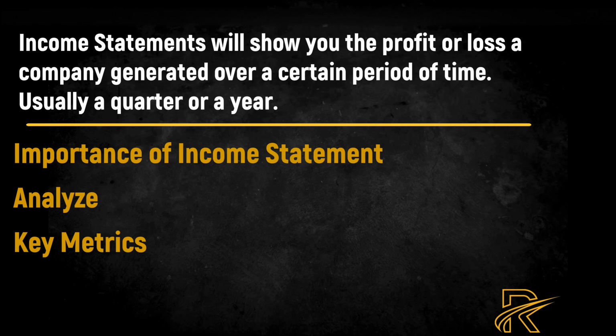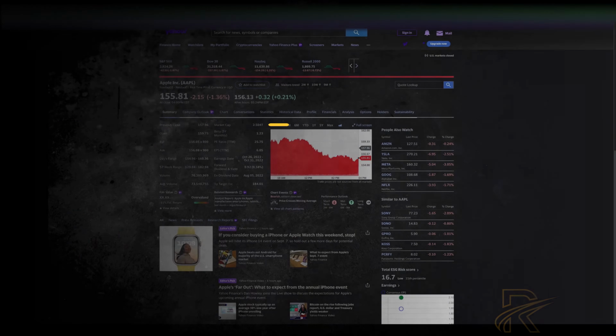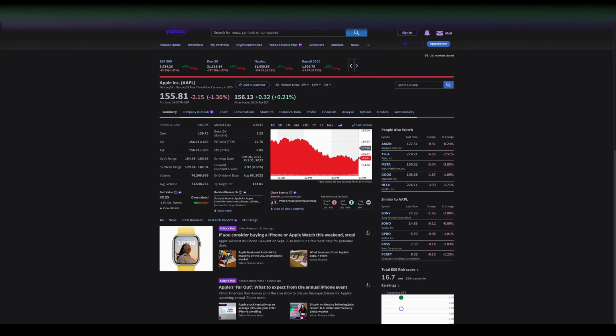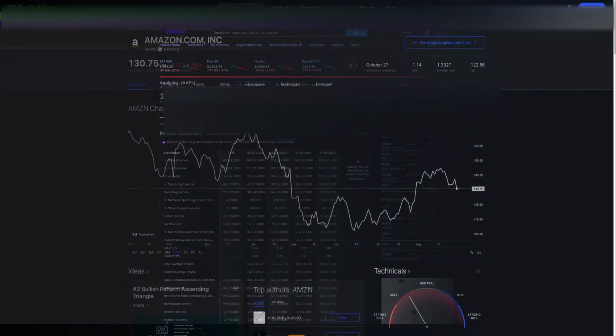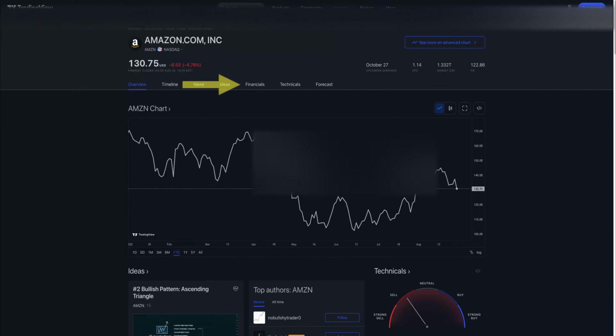Allow me to start by saying that you can access any income statement of a publicly listed company. Many websites, aside from the company's own website, will provide the info. The easiest way is through Yahoo Finance. Once on the company's page, click Financials and then Income Statement, or TradingView, where again you click Financial Statements, Income Statement.